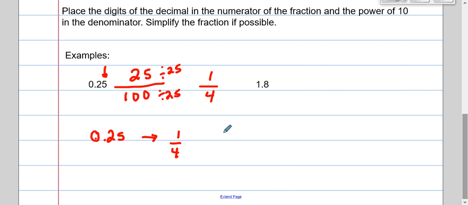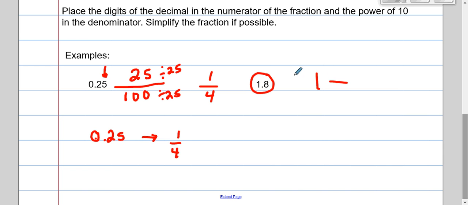It's going to be the same process when you have a number like 1.8. We have one whole and then a part of another whole. That's what the decimal part is all about. So I know that this is going to be a mixed number. It's going to be one whole, and then I'm going to have a fraction attached to it.